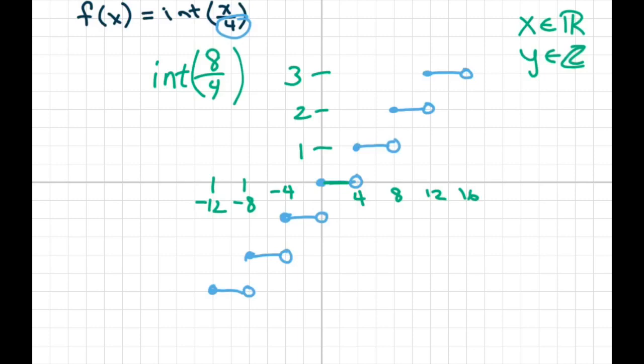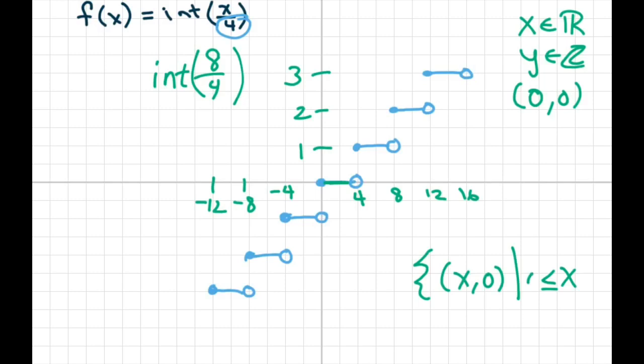The y-intercept is 0, 0, but our x-intercept, in this case, you write it like this. X is in between, including 0 and not including the 4, because at 4 it bumps up to 1. So you have to include all of these for your x-intercept.